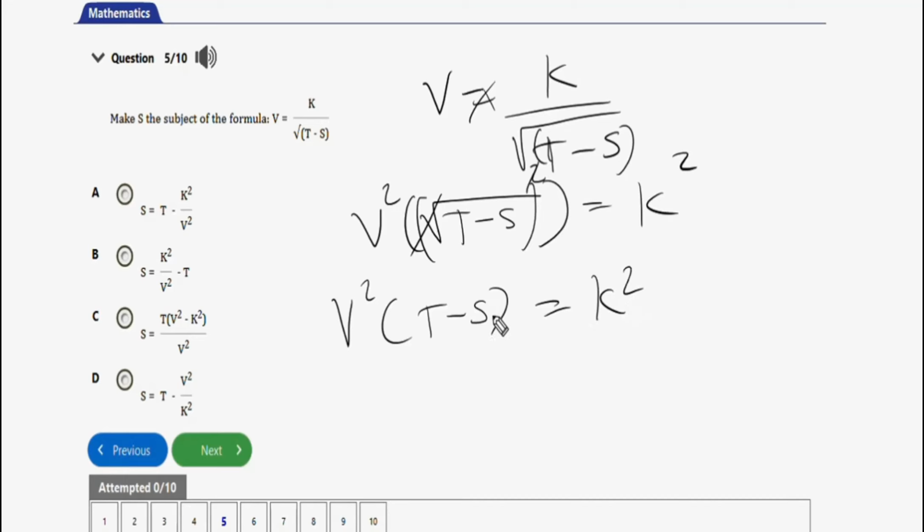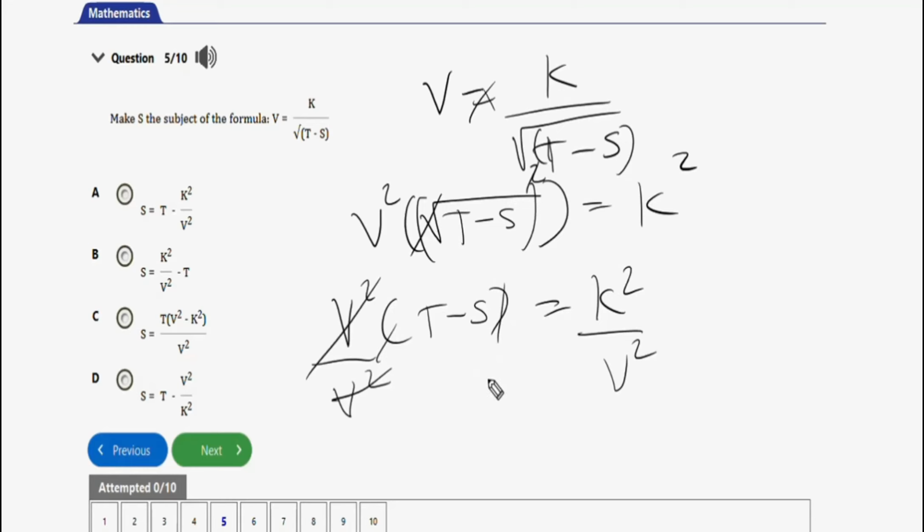We have to make x the subject of the formula. Now you divide both sides by v square. So we are left with t minus x equals k square over v square. You can remove this bracket now.